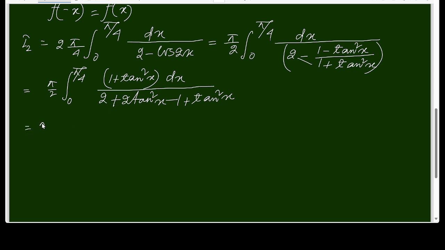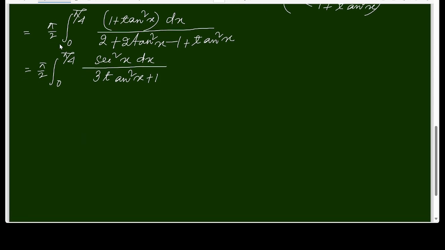Simplifying, the denominator will be 3 tan square x plus 1. So this equals pi by 2, integral 0 to pi by 4, sec square x dx over 3 tan square x plus 1. Now we'll take tan x as t, then its derivative sec square x dx will be dt, but you have to change the limits also.